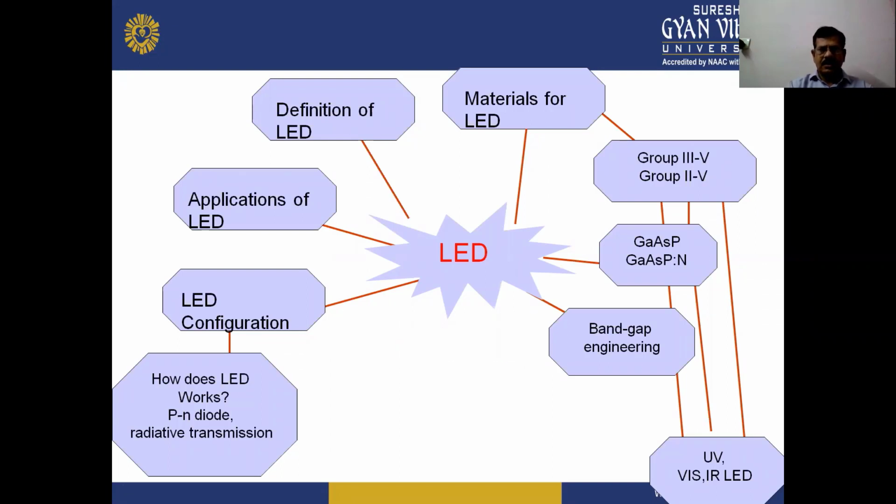In LED or light emitting diode, we will cover the definition of LED, the material used for the LED, the application of LED, the LED configuration, and other parameters, explaining what the LED is and the performance of the LED.